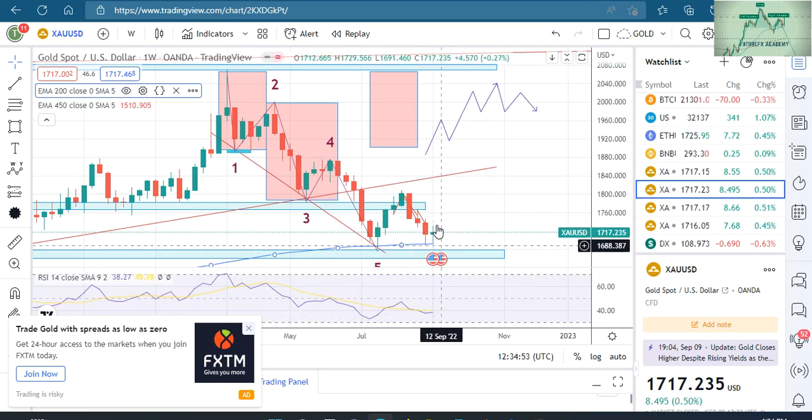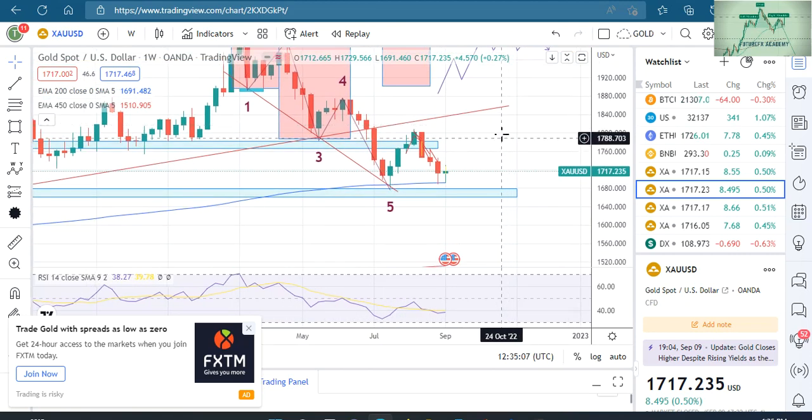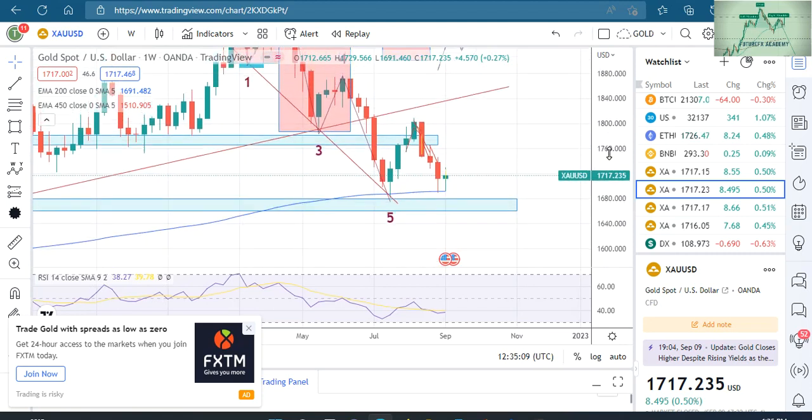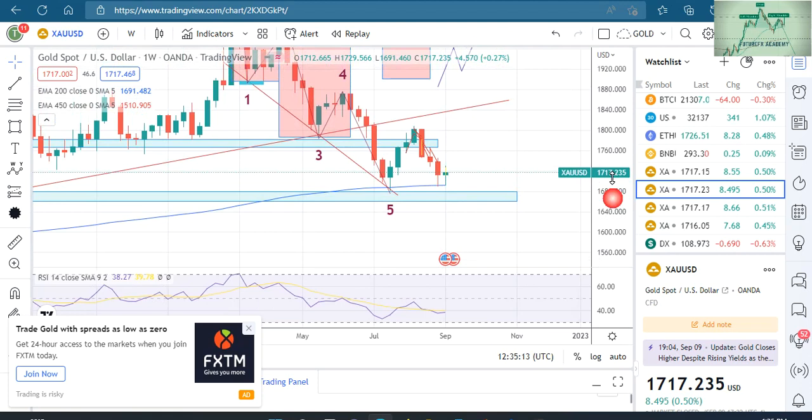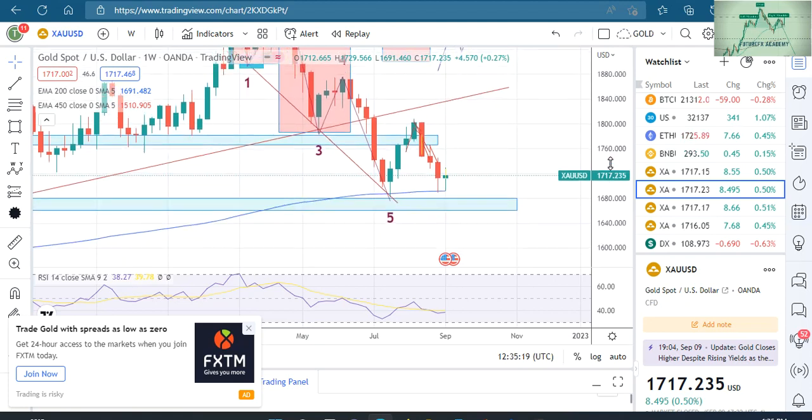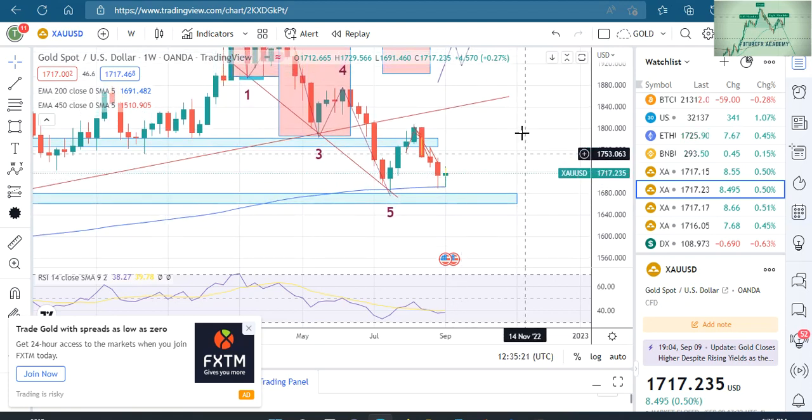So which means gold is respecting this price area 1697, and is giving us a strong support on a weekly time frame. And our last candle shows a form of indecision candle, giving us an indecision candle.